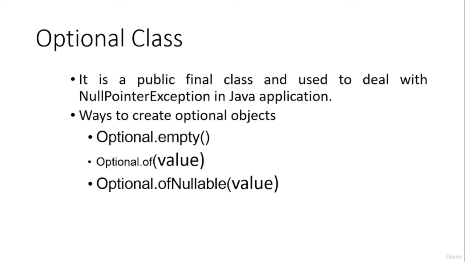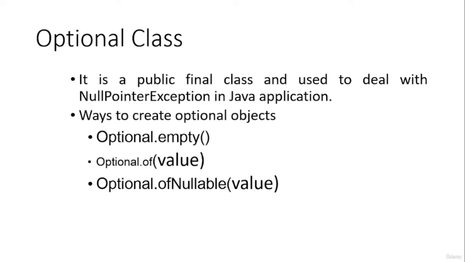Let us see some of the ways we can create objects using the optional class. Optional objects we can create using three methods. The first method is using the empty object. If you write Optional.empty, you will get an empty optional object. The next method is Optional.of, which can be used to initialize a particular optional container.